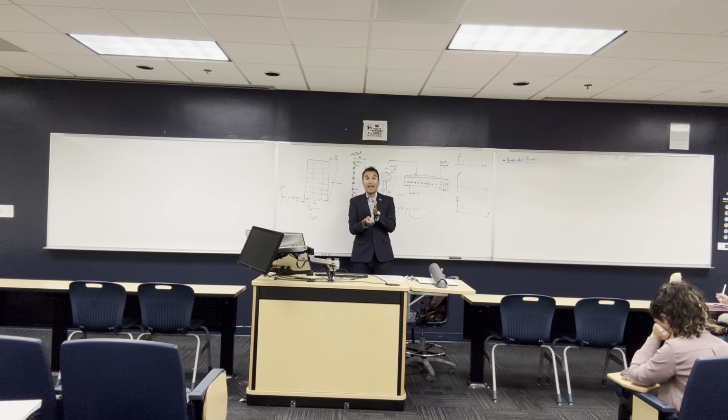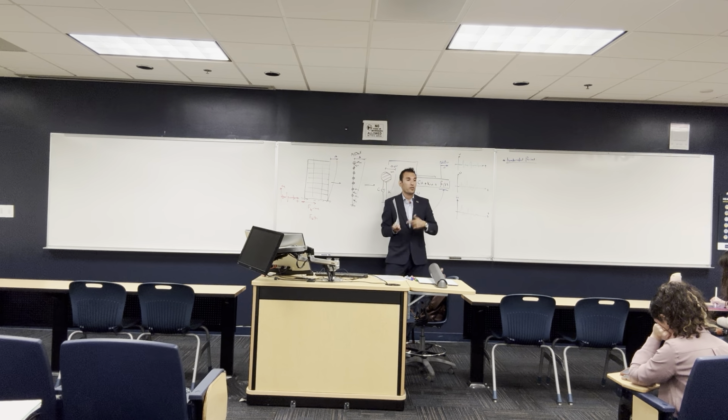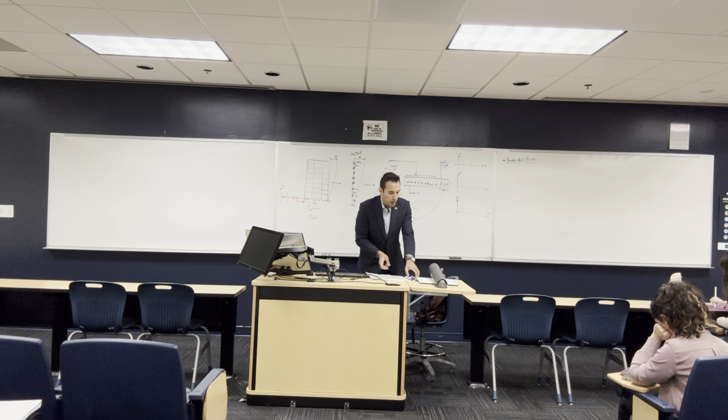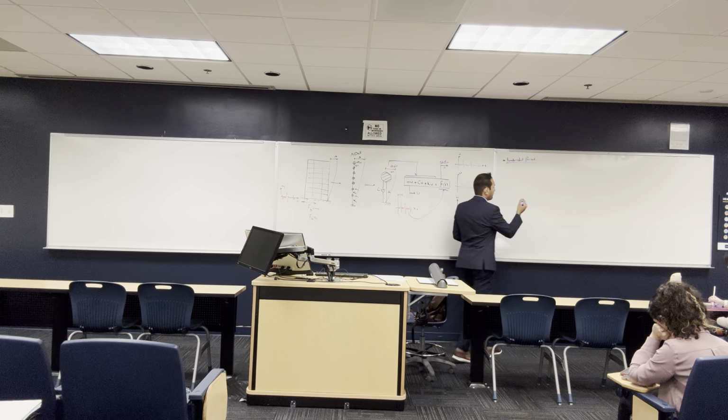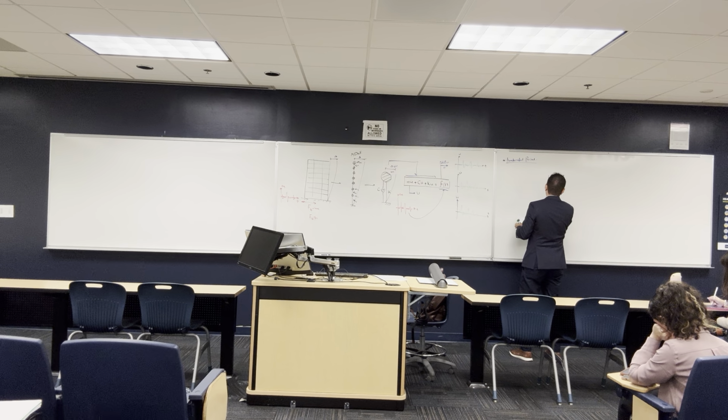But this structure has other movements. This structure can move like this. So that's not the natural period. We call it the second mode or the second period. What are the other options that the structure can move? All right, so let's write them here. That's what I did last time.